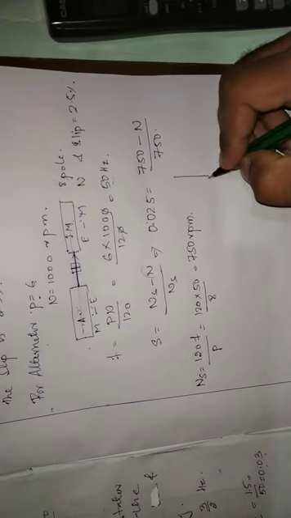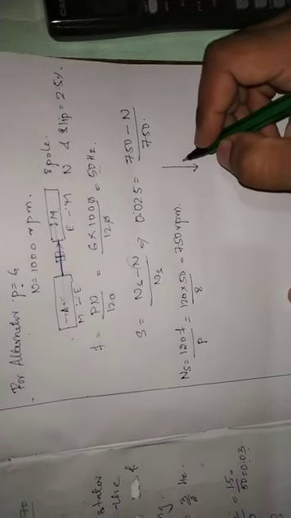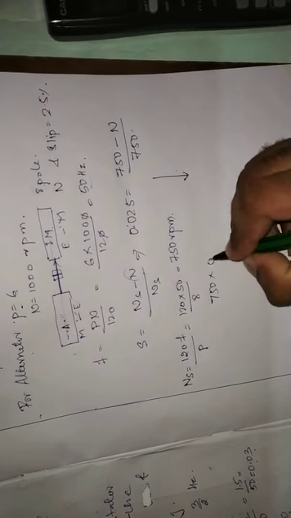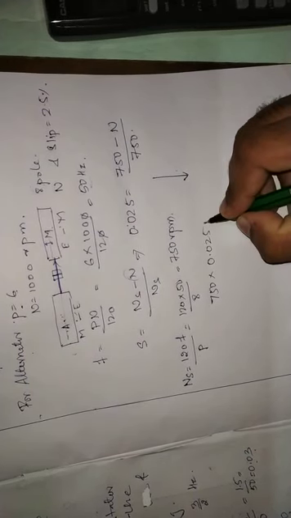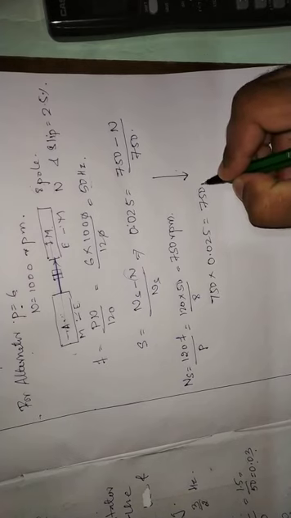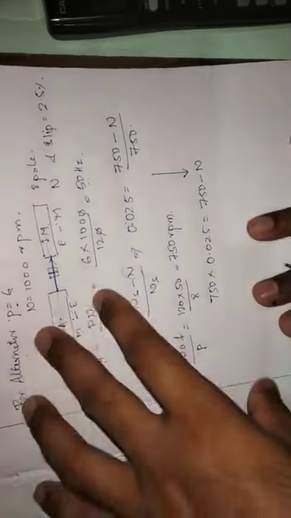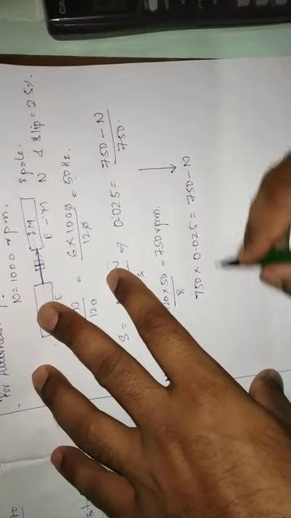So how do we calculate this part? 750 into 0.025 equal to 750 minus N. A simple formula and basic addition and subtraction.